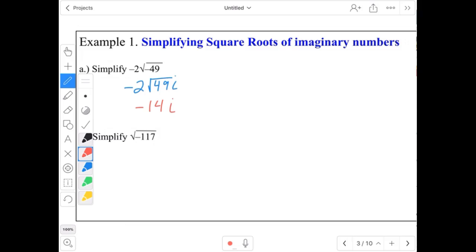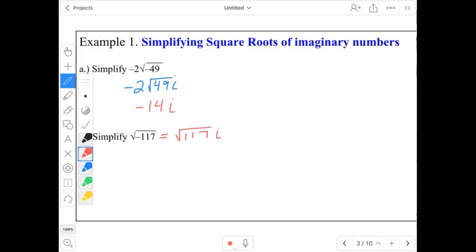For the next one, before I even start to break this down, I'm just going to make this positive, and I'll attach the i right on there because we know the square root of negative 1 is i. Now, if you think about 117, you might think, is that a prime number? Well, it is not. We could actually have a couple multiples of 3.